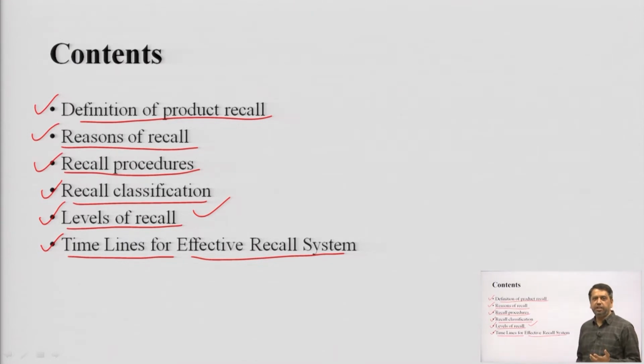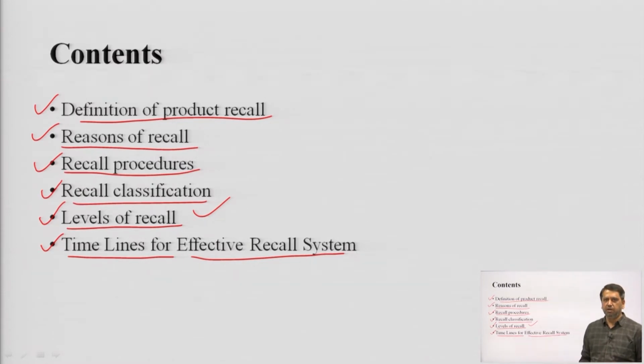As you can easily understand, every recall cannot be the same. One product may be causing a life threatening effect, while another may simply have a packaging problem, so the recall mechanism will definitely differ.